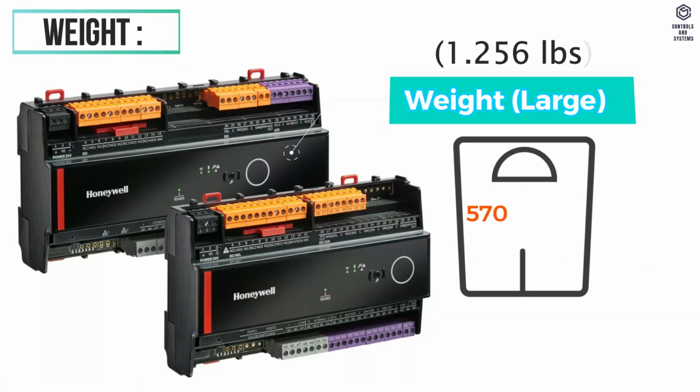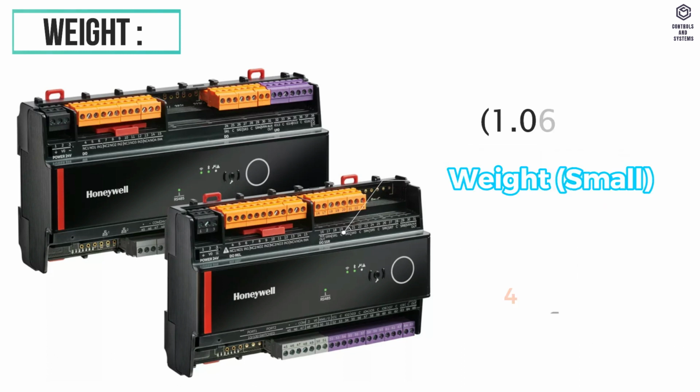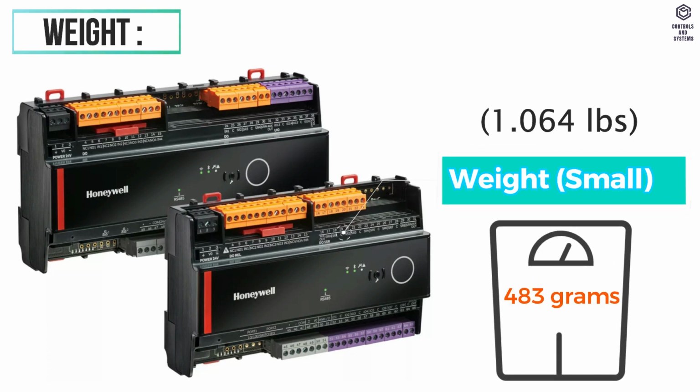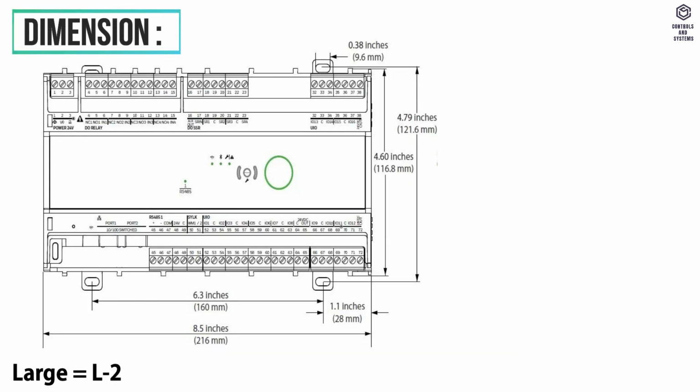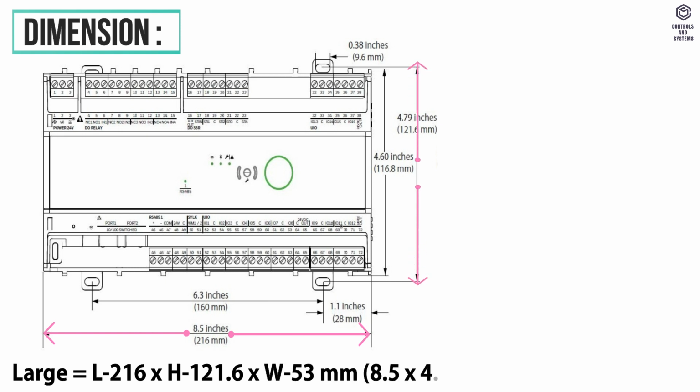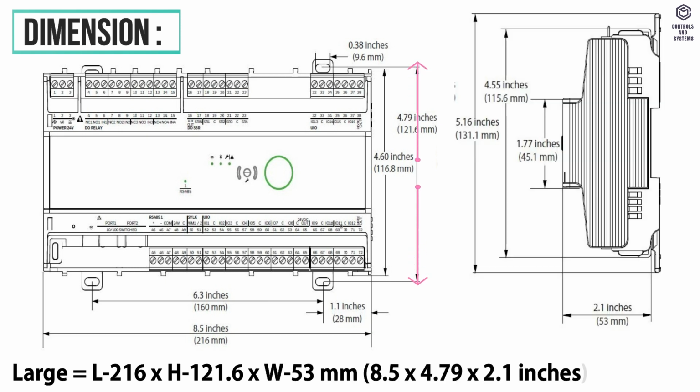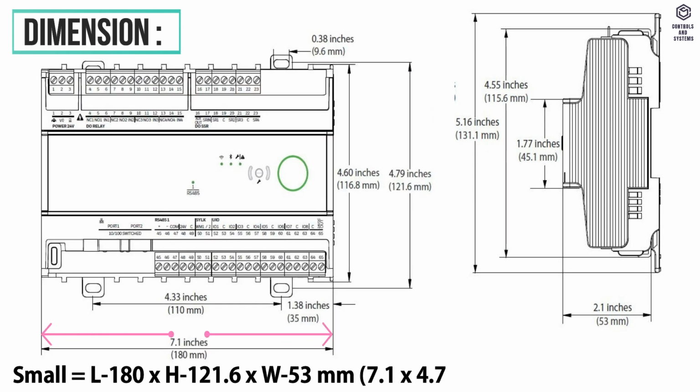Weight: large model controller is 570 grams, small model controller is 483 grams. Dimensions: large controller, length 216 mm, height 121.6 mm, width 53 mm; small controller, length 180 mm.